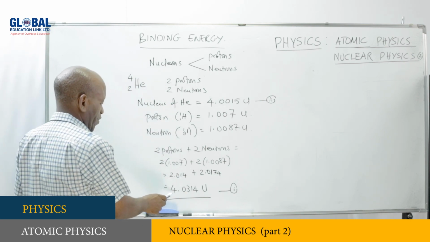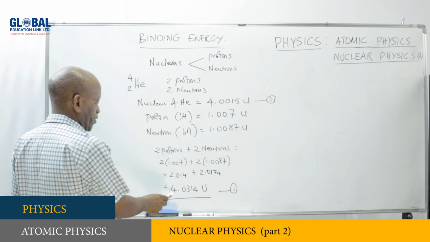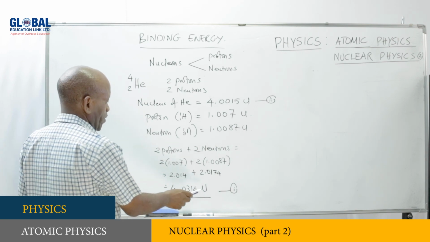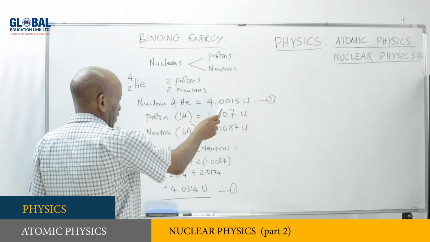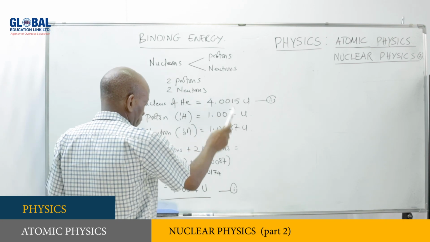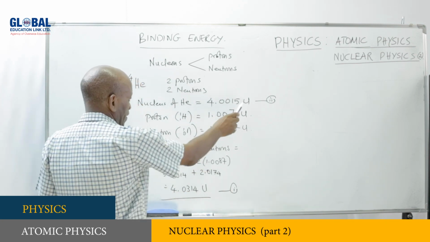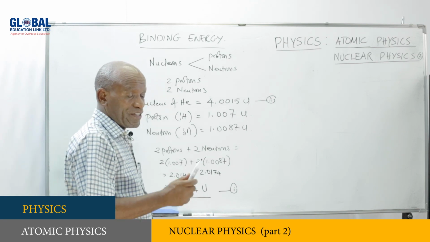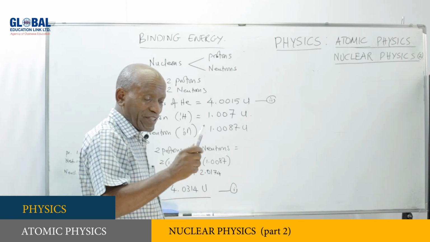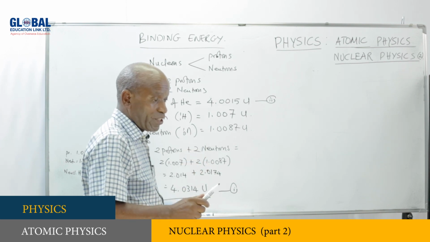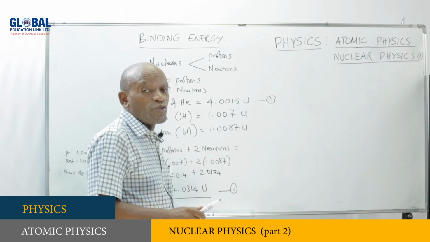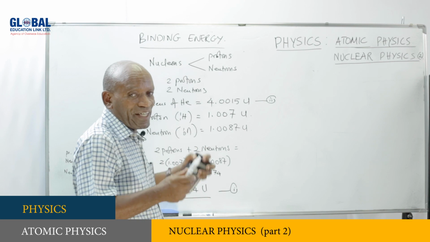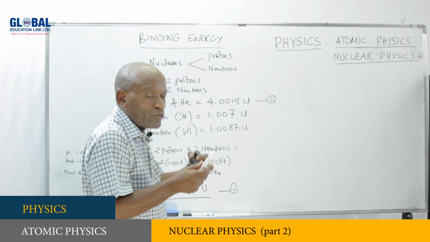Look here, whenever they are completely separated, it is 4.0314, but whenever they are a nucleus, it is 4.0015. So this is bigger than that. The difference will give us the difference in terms of the unified atomic mass unit, which has an implication to the binding energy, the energy which keeps the nucleons all together.